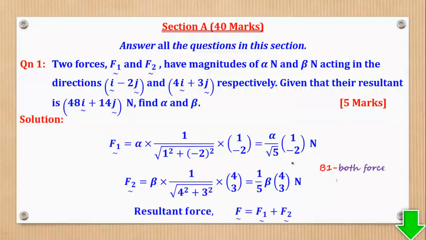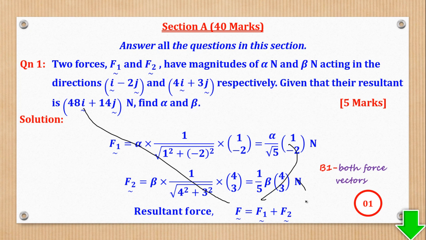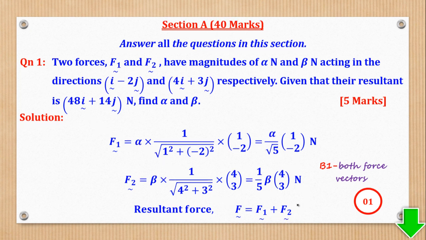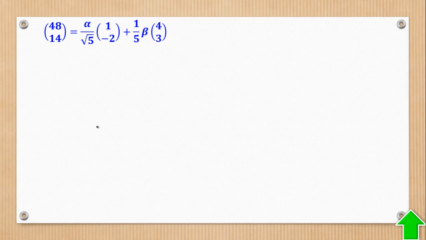So now that I have the vector forces, I can now get the resultant. Resultant is got by adding them: force F1 plus force F2. And I know F is here, F1 is here, F2 is here. So let us substitute. In vectors, I can equate component by component.